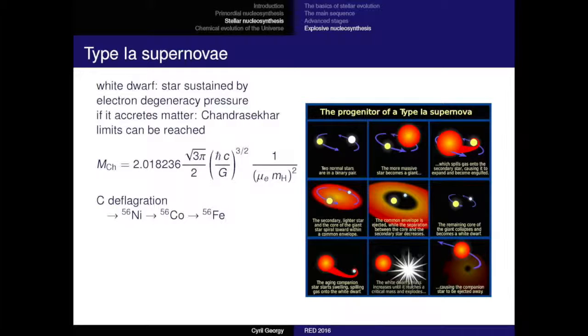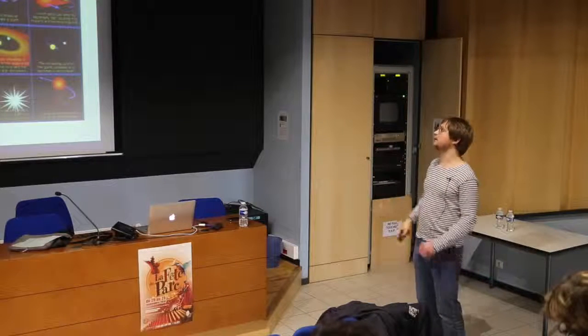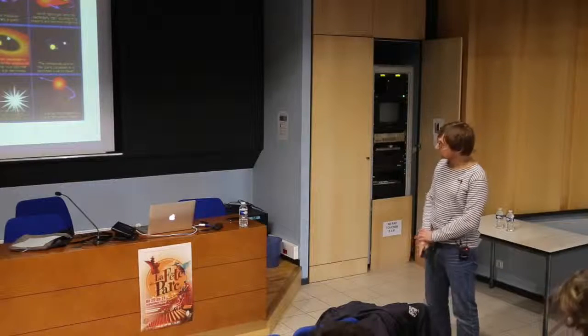This will completely disrupt your white dwarf, producing a lot of nuclear burning during the explosion, and this will produce elements up to iron 56 as well. Basically, the reaction produces nickel 56 that disintegrates into cobalt 56 and then iron 56, which is the most stable nuclei in the universe.